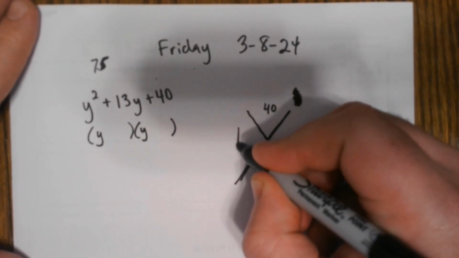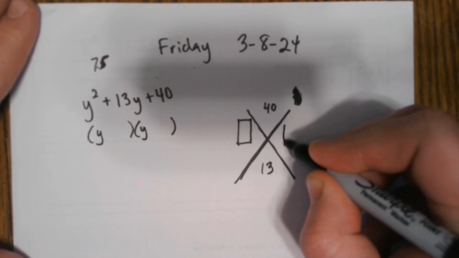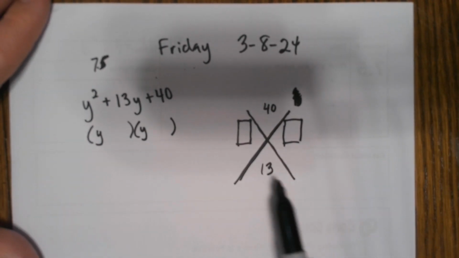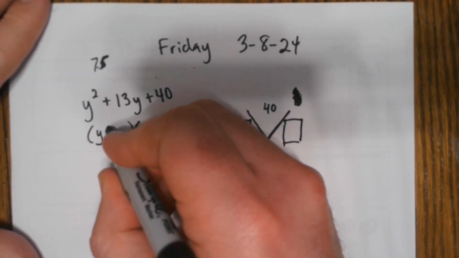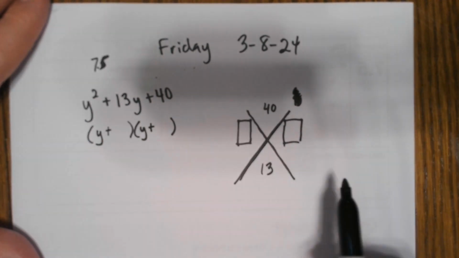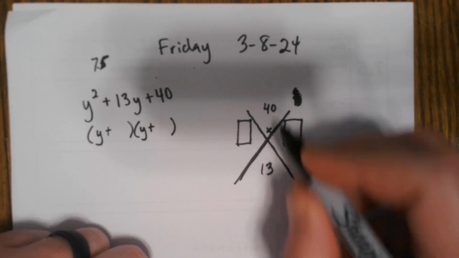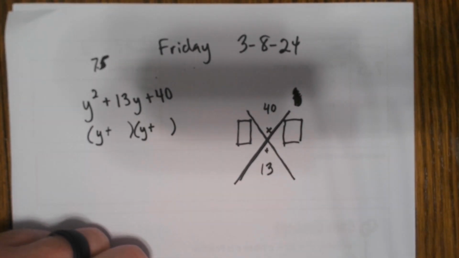It's our job to come up with these 2 numbers. Everything's positive over here, so both of these numbers are going to be positive. They have to multiply to make 40 and add to make 13.